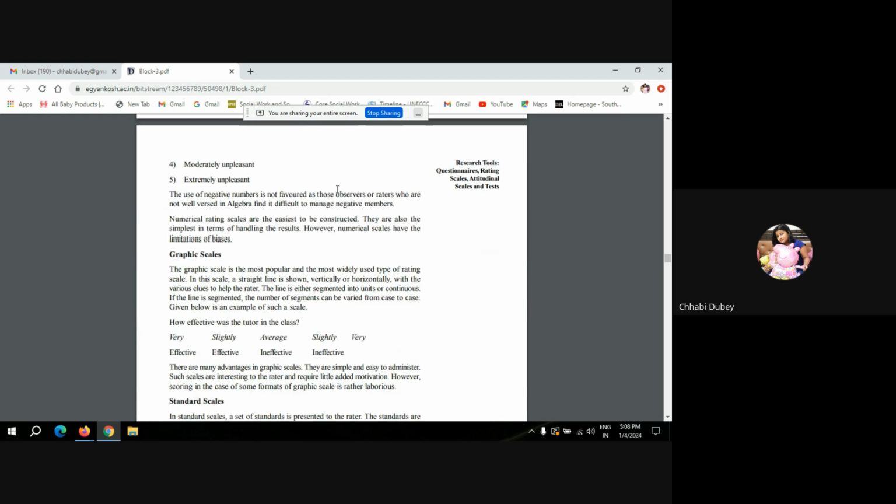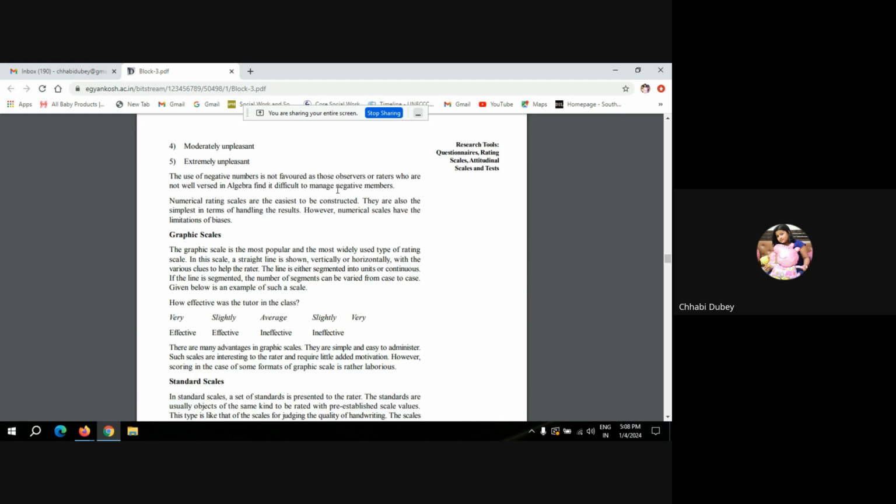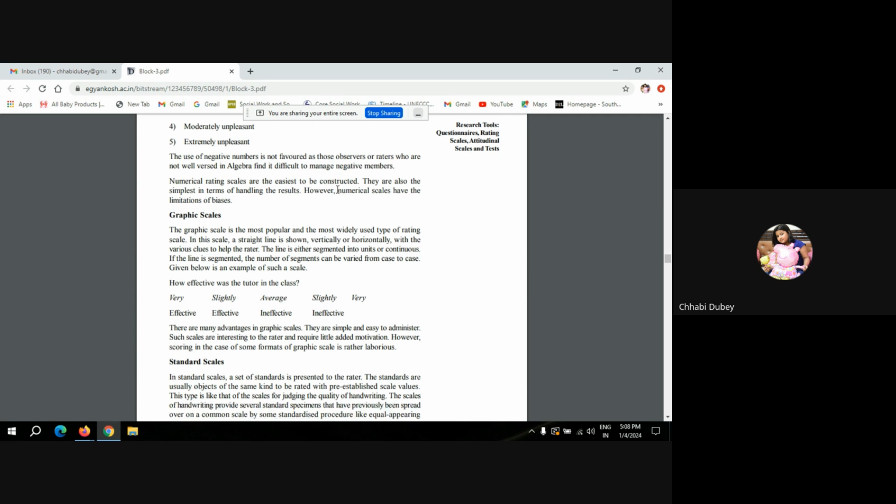Then we have the graphic scales, which are most widely used for rating scales. A straight line is shown vertically as well as horizontally with various clues to help the rater, and the line is either segmented into units or continuous. These graphic scales are comparatively simple and easy to administer.